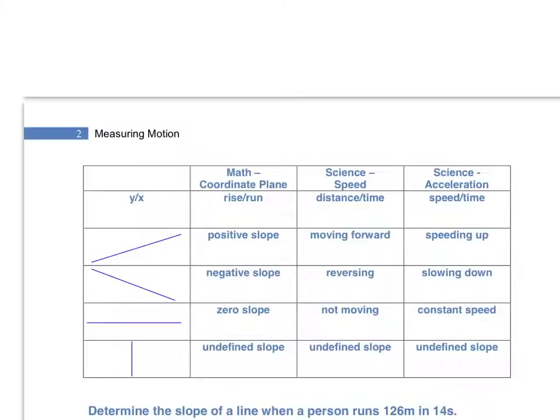When we're looking at y over x, that's the rise and the run on a coordinate plane for math, and it's really the rise and run for all 3 areas. But y on a speed graph would be distance, while x would be the time, and in an acceleration graph y would be speed and x would remain time.